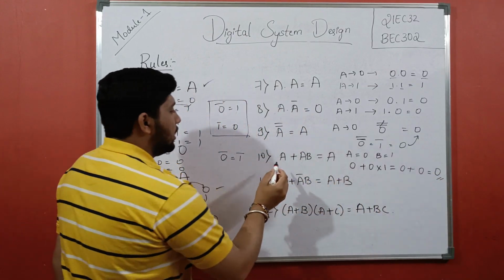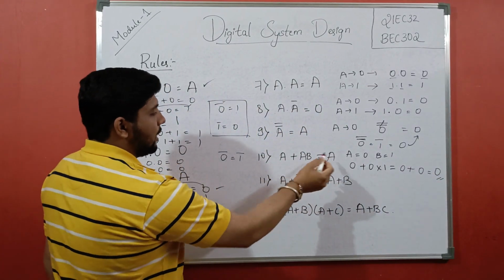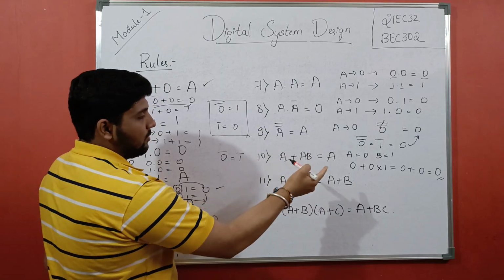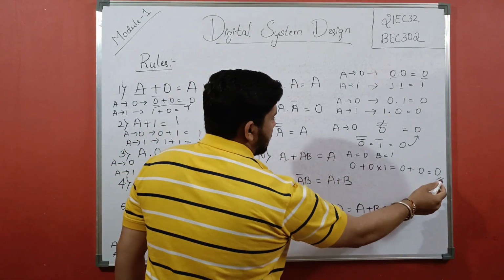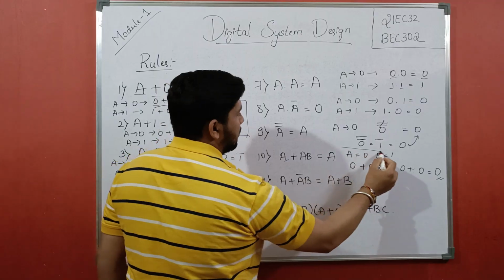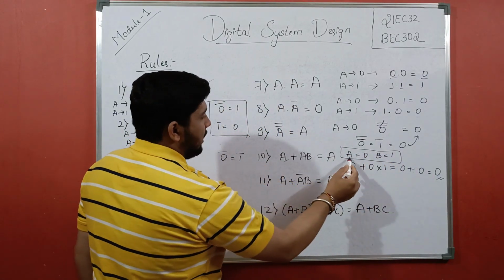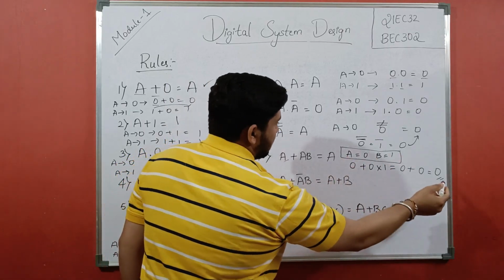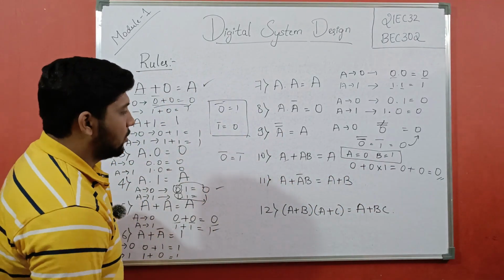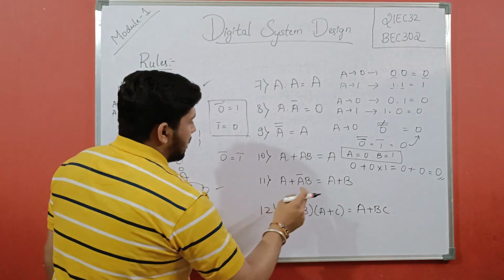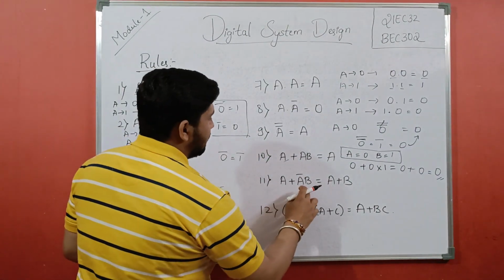So you can say given A plus AB is equal to A, whatever the value of A that you have given as an input, you'll be getting as an output here. You can see I had given the value of A to be 0 and value of B to be 1. So I'm getting A equal to 0 as an input and I'm getting 0 as an output, which satisfies the 10th rule.